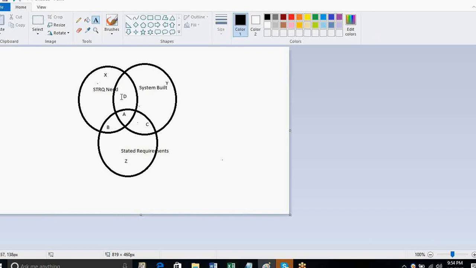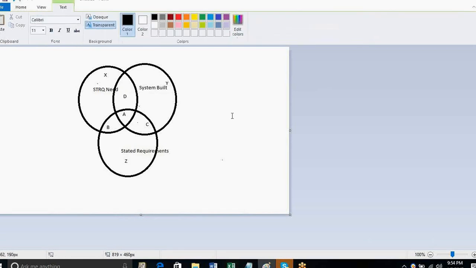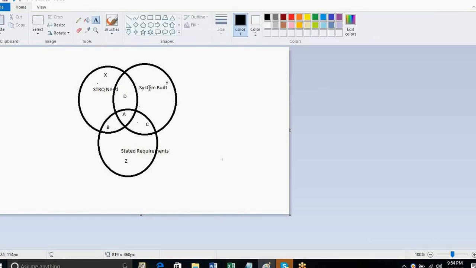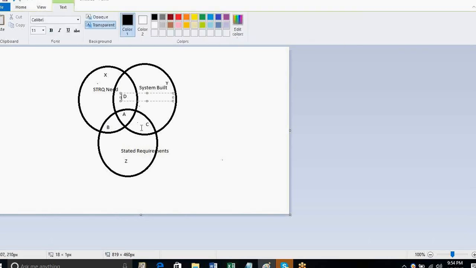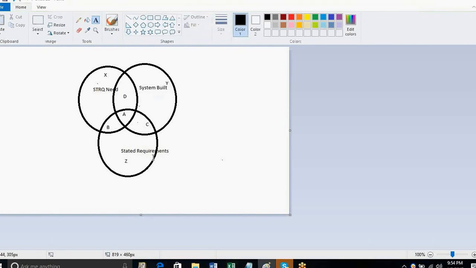Okay, my question was, if the D part was there from the beginning, which means the stakeholder did ask for that feature called D, but you as a business analyst never stated that requirement in your functional specifications document, and somehow you could explain it to the developer, and the developer captured it and built it within the system.